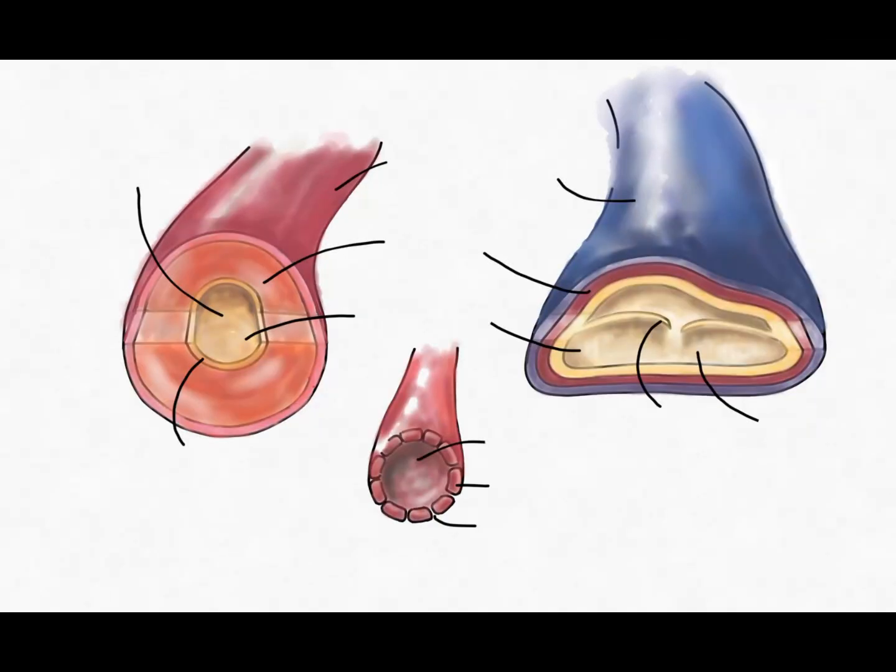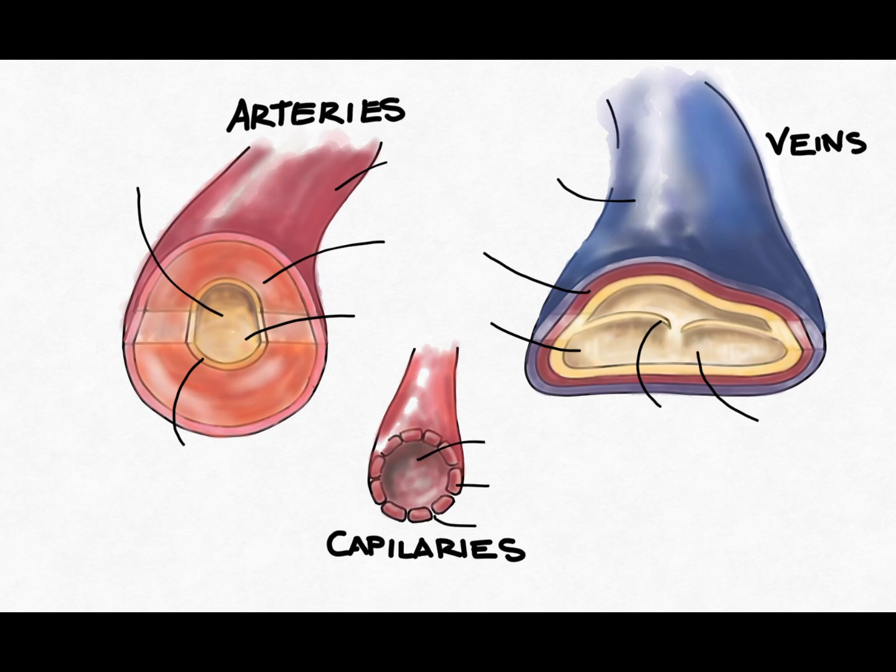Now, if we look at our blood vessels in our body, we have 3 different types: our arteries, our veins, and our capillaries. Now, both our arteries and our veins have an outer layer. The second layer, just beneath our outer layer in our arteries and our veins, will be our muscle layer. Our arteries then have an elastic layer as well, and this helps to withstand the pressure of the blood flowing through the arteries.